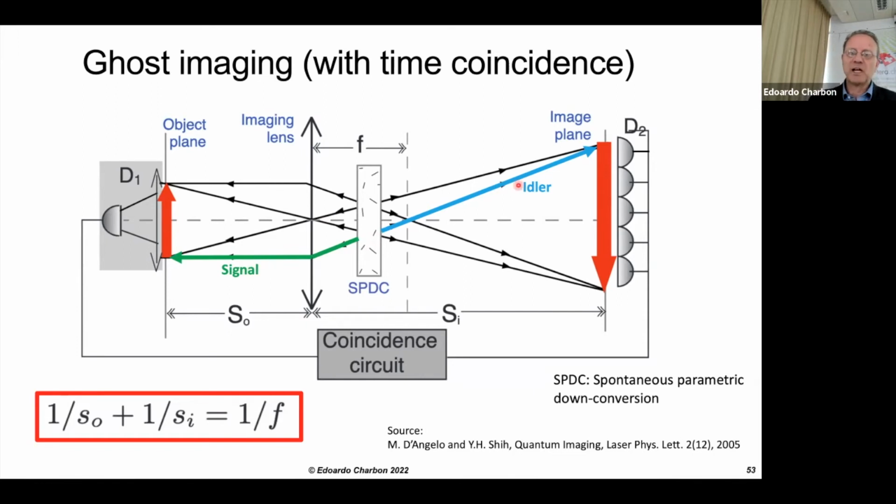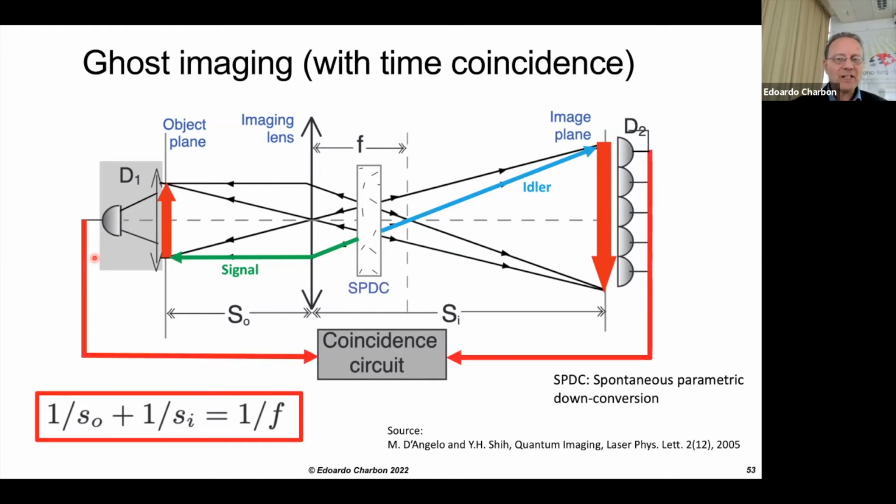On the image plane, I will construct an array of detectors that I then correlate with a single detector on the object plane. So in this way, I basically can eliminate all lenses, reconstruct the original classical approach, but do it only by using coincidence between detectors. So I no longer need a complete camera on one side, but I just need coincidence between detectors.